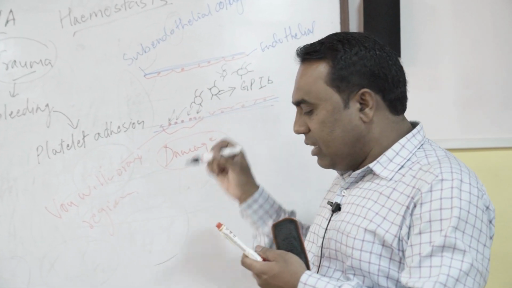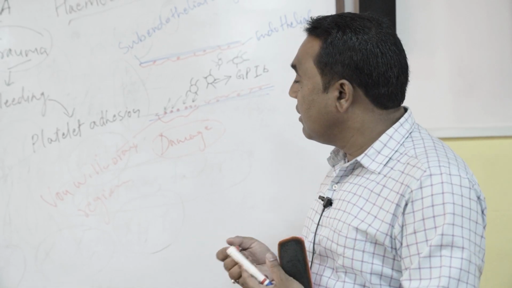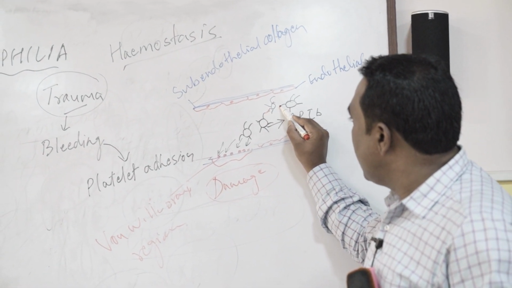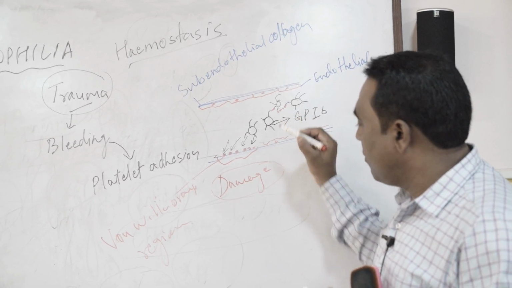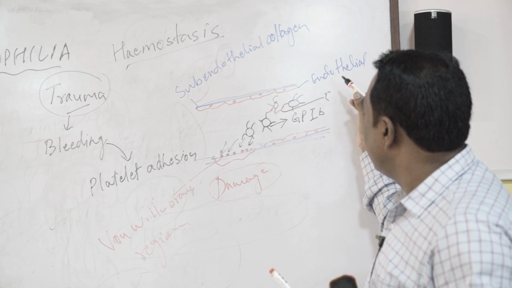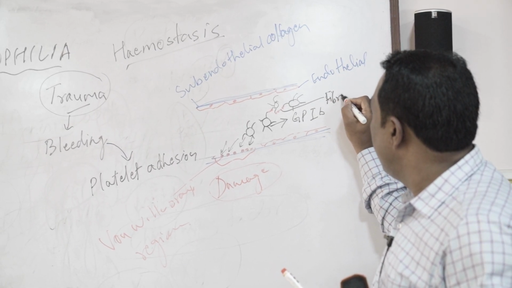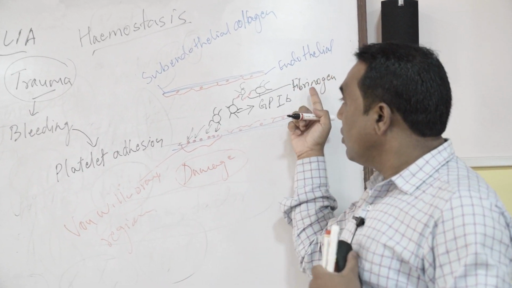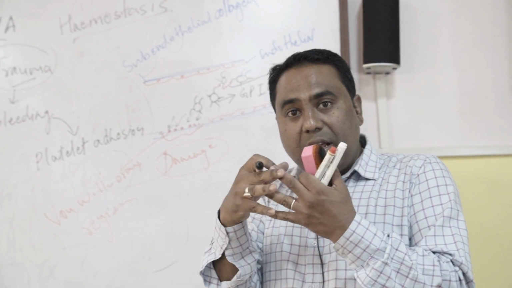Now to cross-link these things, there is a molecule which is known as fibrinogen. This is known as fibrinogen, right? This is actually fibrinogen, or say fibrin, right? Now fibrinogen will get activated, then only there will be a proper type of cross-linking.